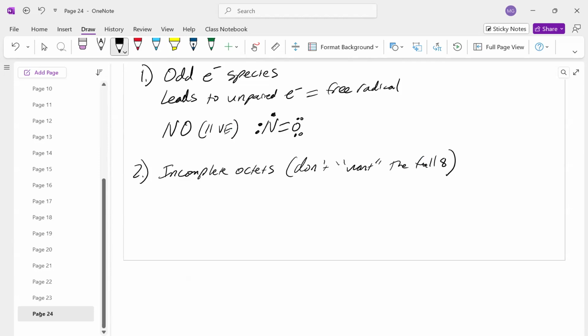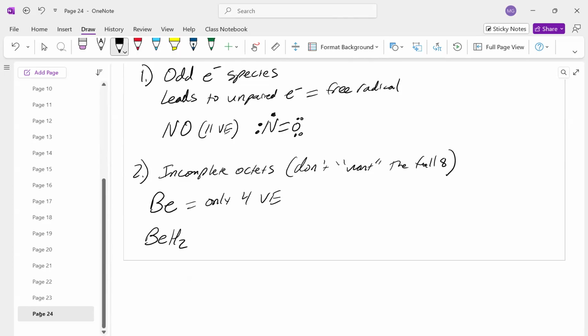Like, for example, the element beryllium. Beryllium only has 4 valence electrons. So you'll see it quite often, for example, BeH2.